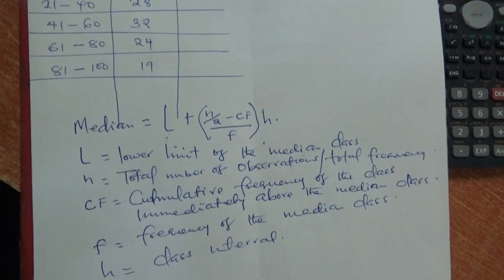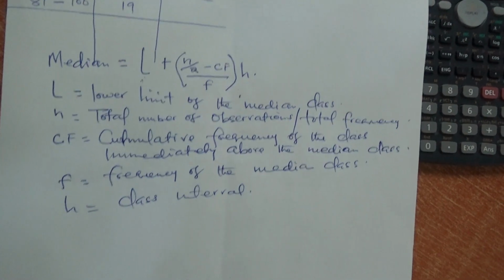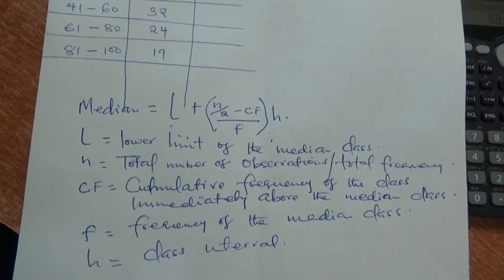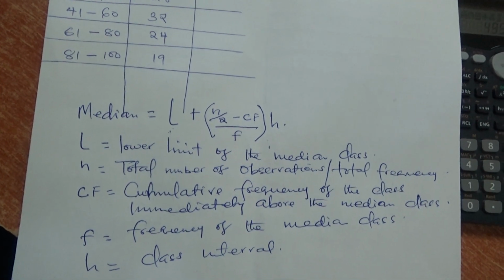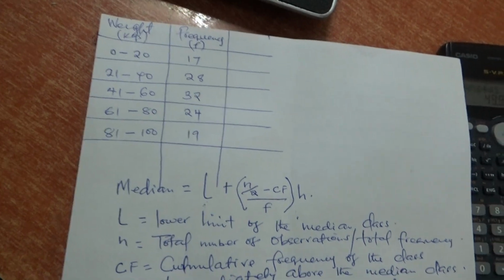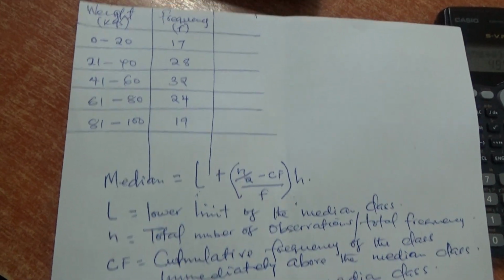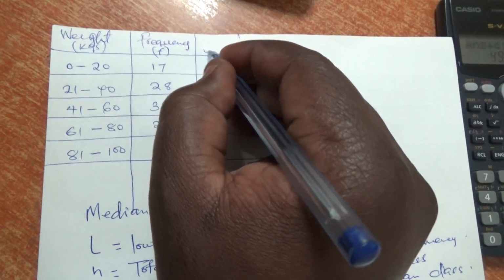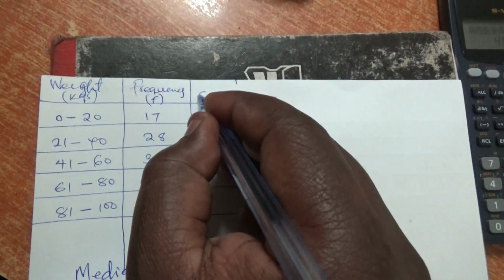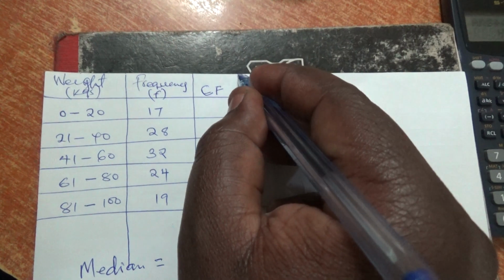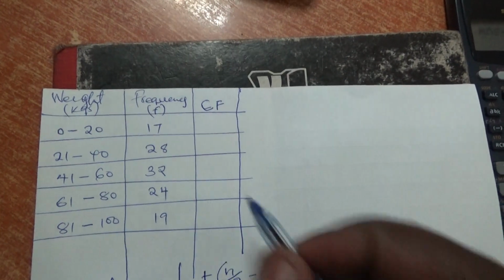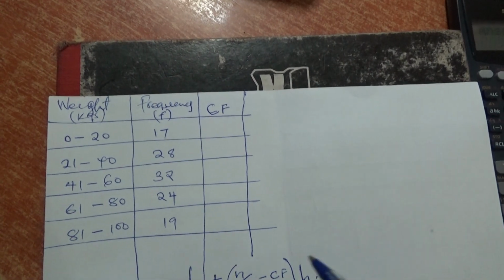Before we proceed, there are two steps you have to accomplish before you start your calculations. The first is to come up with a cumulative frequency table, and then fill it.